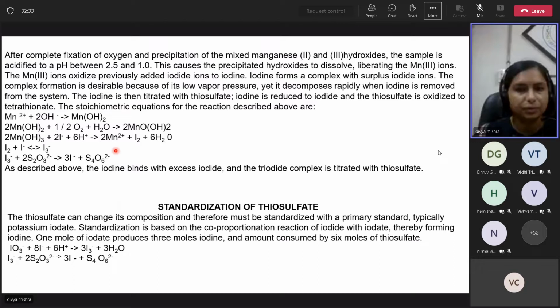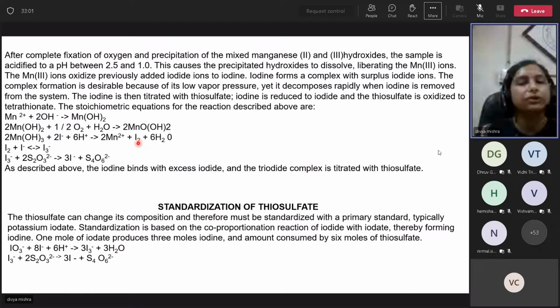Okay, so Mn plus 2 with hydroxide and water gives manganese hydroxide. This manganese hydroxide will again react with the present oxygen and water to give you manganese oxide, and this will react with the present iodide to liberate the iodine.